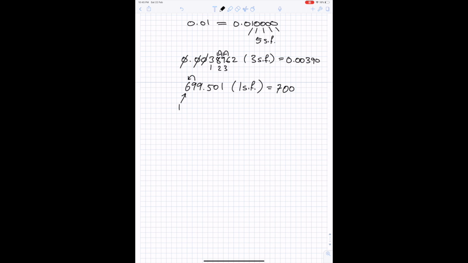Because you've got the point here, you've got to give the place values. But if that one was, for example, 689.501 to 1 significant figure, then this would become 690, right?